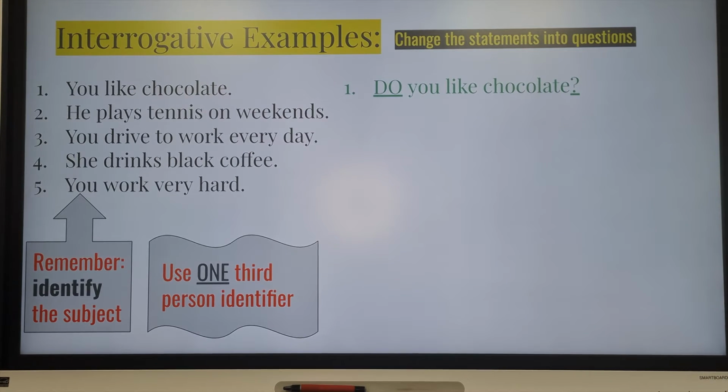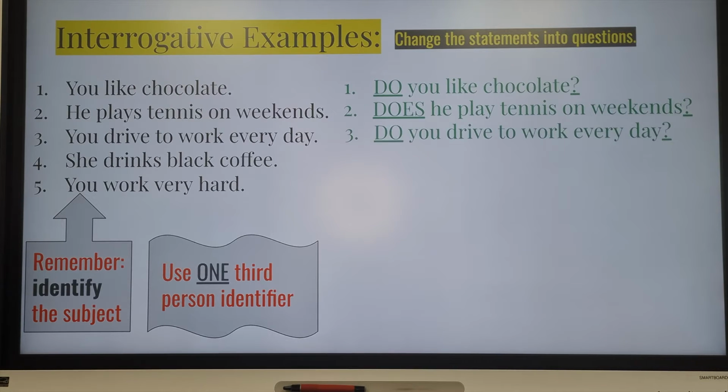Number two, he plays tennis on weekends. What is the question? Does he play tennis on weekends? Don't forget, third person. Number three, you drive to work every day. What is the question? Do you drive to work every day?